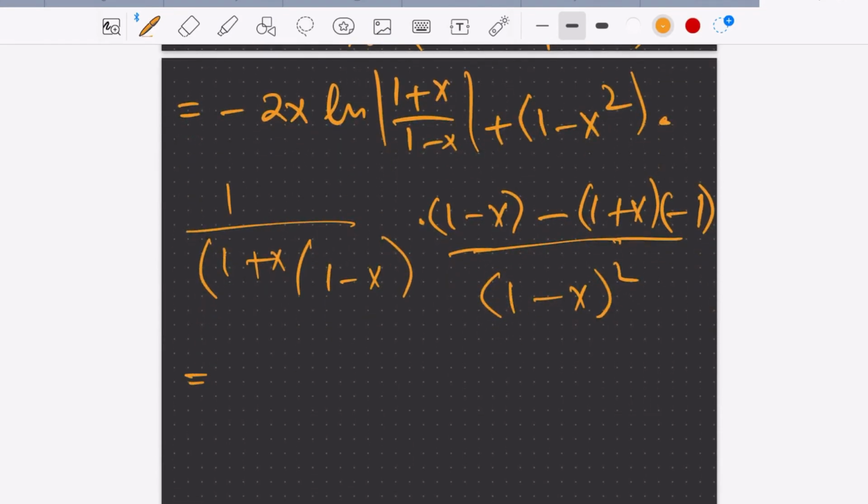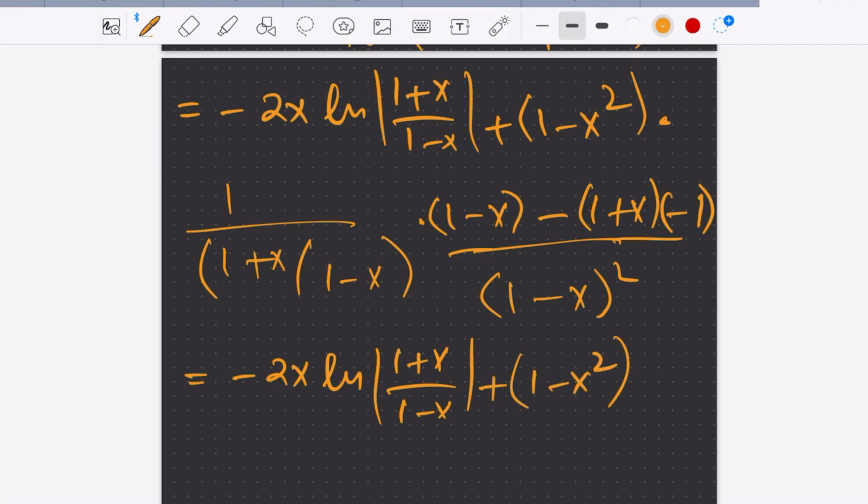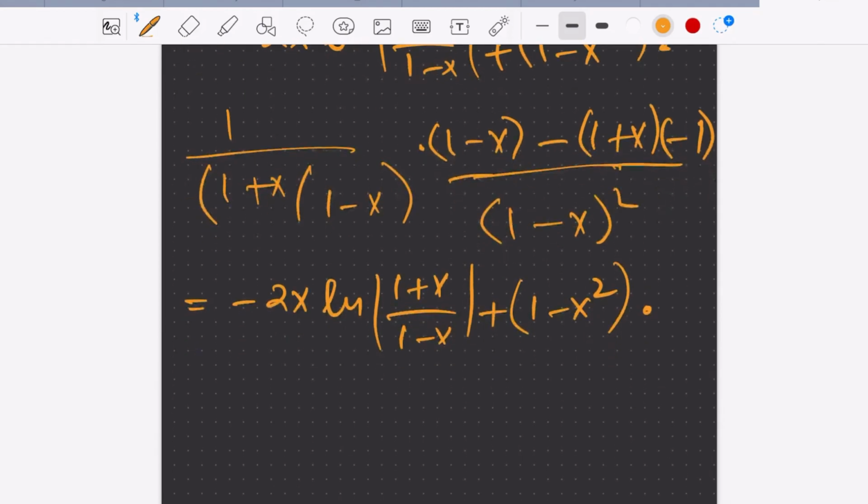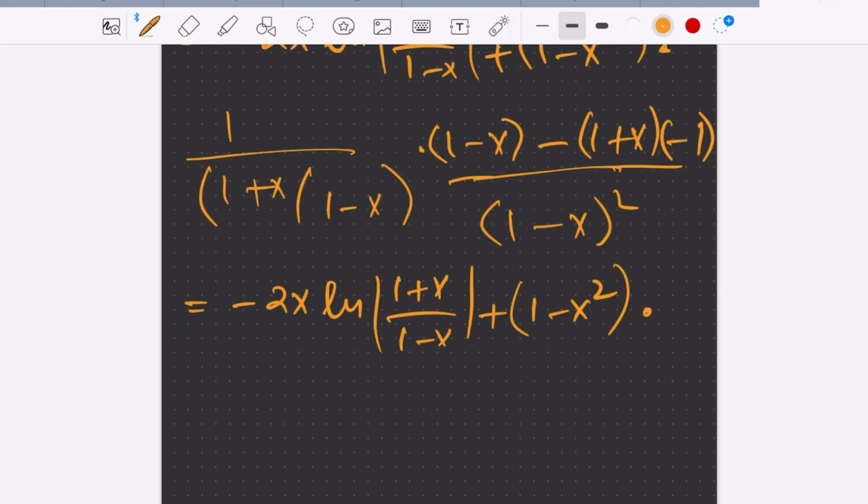Again simplifying this, plus (1 minus x square) dot, the dot meaning multiplying, with this term, which is 1 minus x.